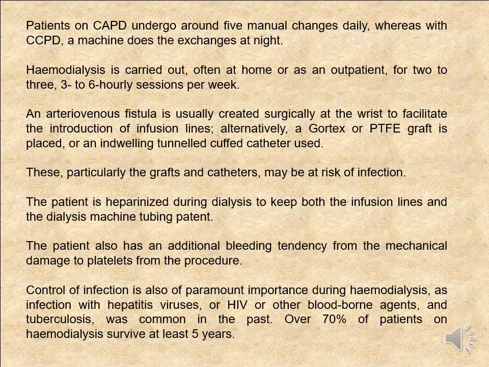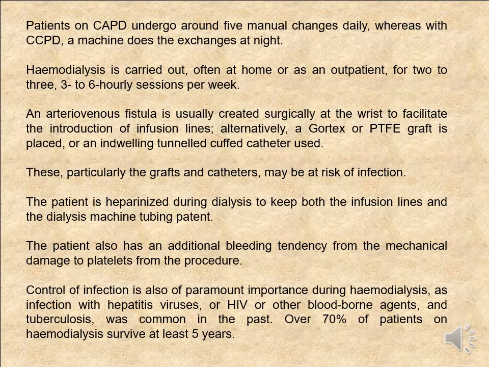Hemodialysis is carried out often at home or as an outpatient, for 3 to 6 hour sessions, 2 to 3 times per week. An arteriovenous fistula is usually created surgically at the wrist to facilitate the introduction of the infusion line.